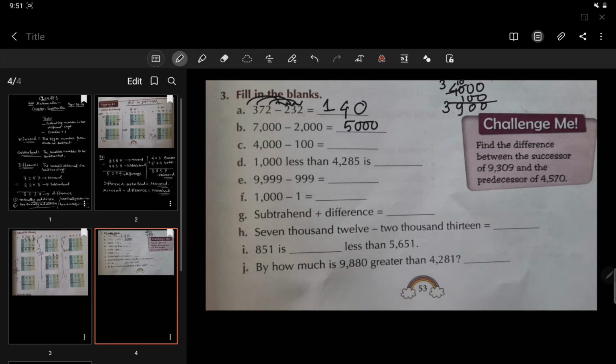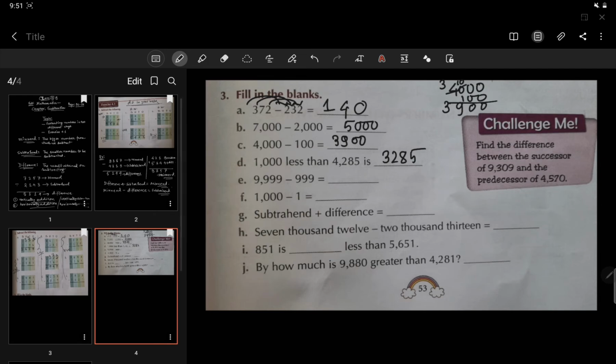So the answer will be 3900. Next, 1000 less than 4285. Clear? It will be simply 4 minus 1, so you will get 3285.